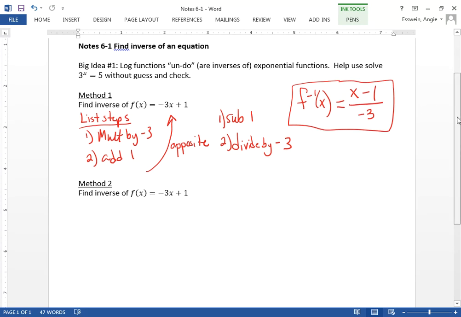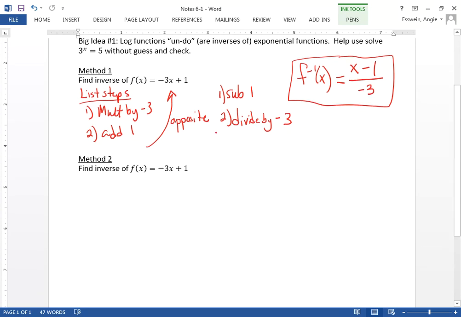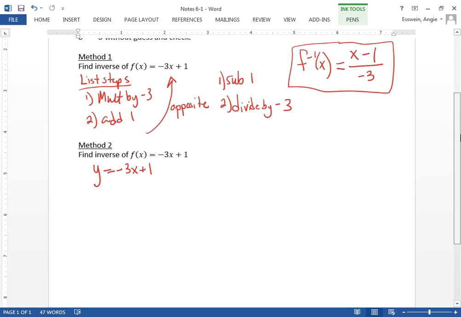So now let me give you a different way of doing these. Instead of listing the steps, what you can do is first rewrite the equation with y instead of using function notation. Y equals negative 3x plus 1. So you do that first.